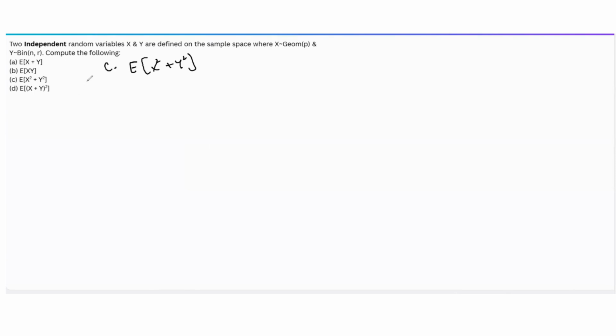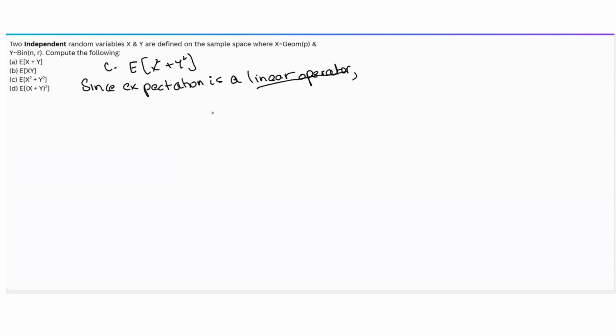Here we'll use the fact that expectation is a linear operator, like we used in part A. And recall, what do we mean by linear operator?